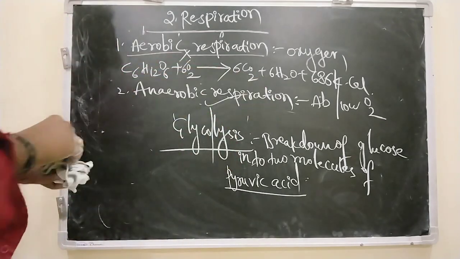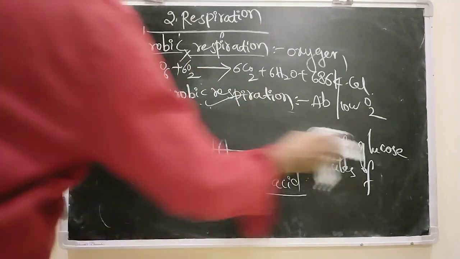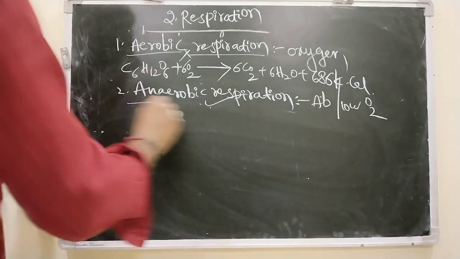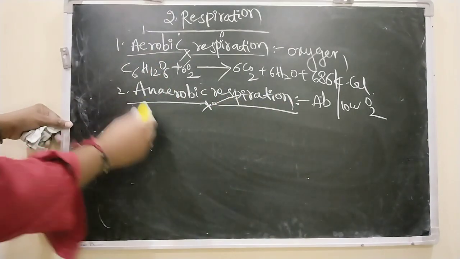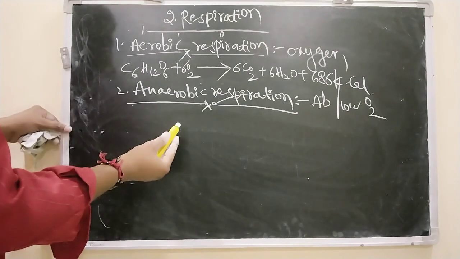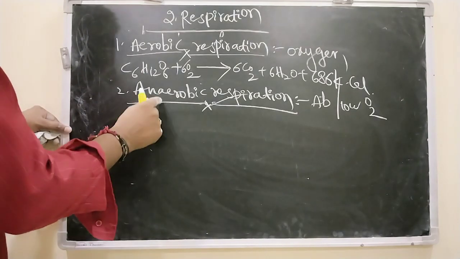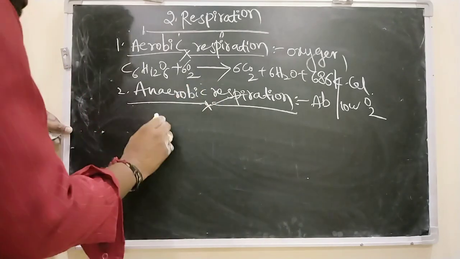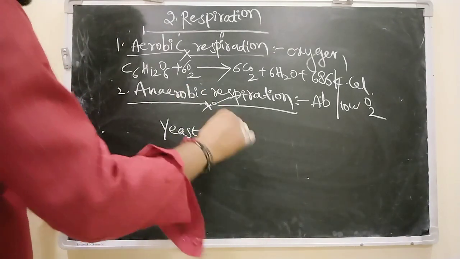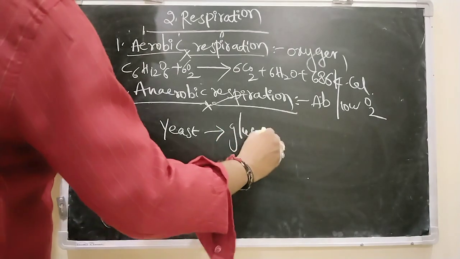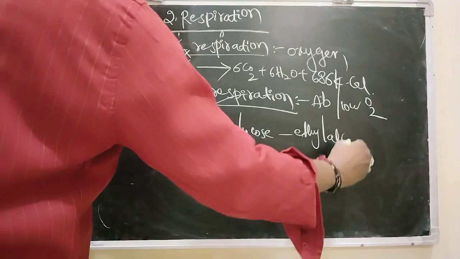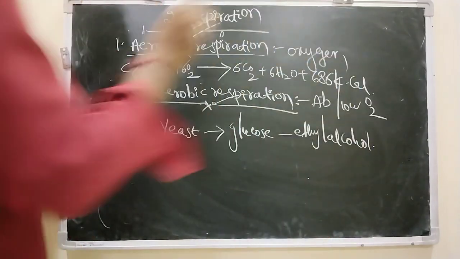In case of anaerobic respiration, where oxygen is absent or a low amount of oxygen is present, the reaction is like this. Especially yeast converts glucose or sugar to ethyl alcohol in the absence or low amount of oxygen.